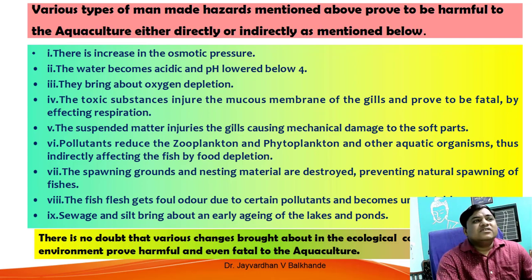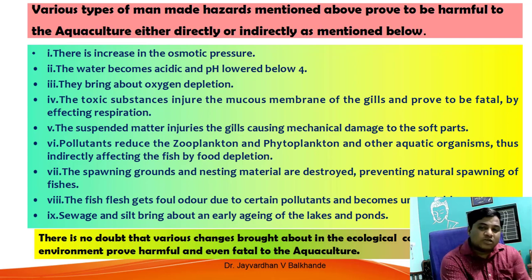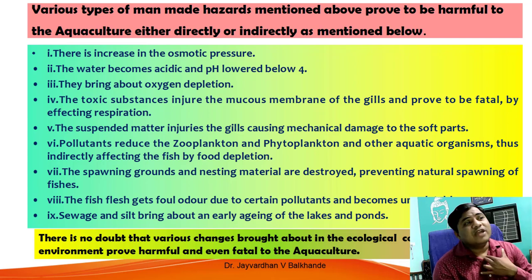There is an increase in osmotic pressure. Osmotic pressure increases, then the water becomes acidic and pH is lowered below 4. No doubt, if this type of effluent is added to the water body, then the pH of this water is lowered and it goes down to 4, means it is acidic. Okay, then they bring about oxygen depletion.